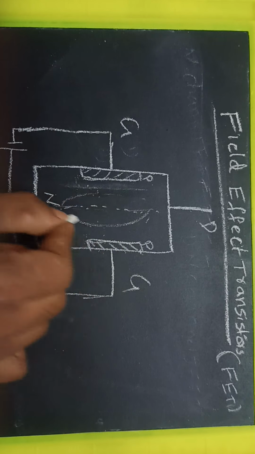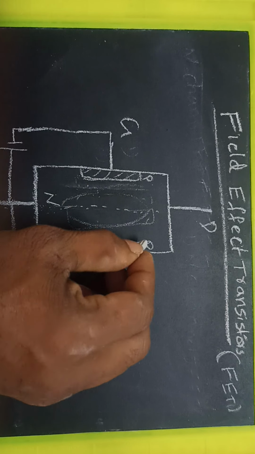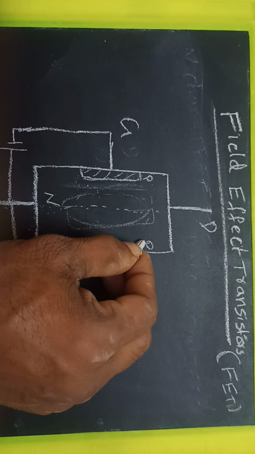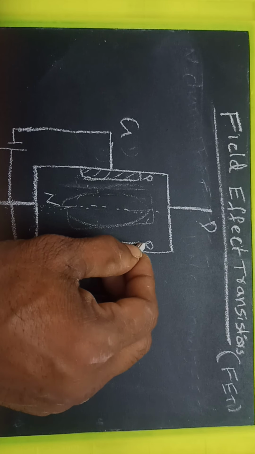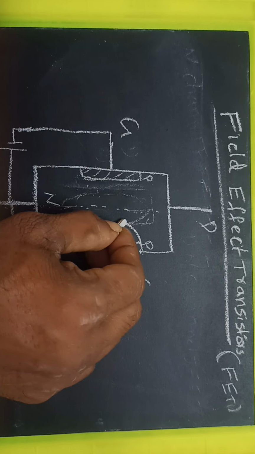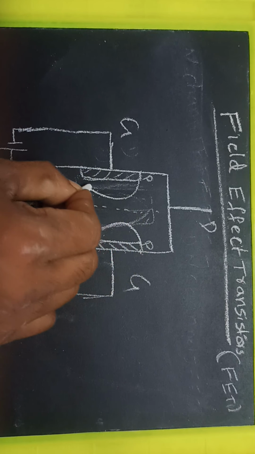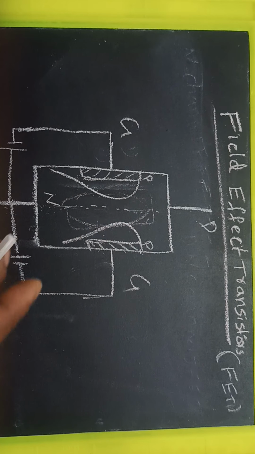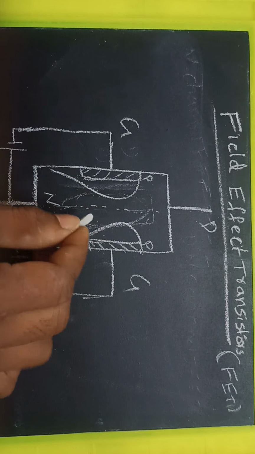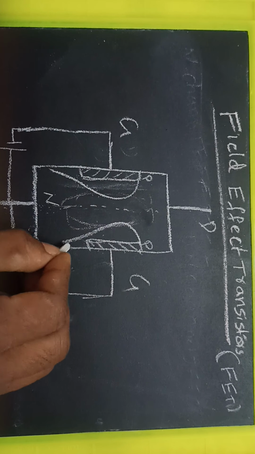So by increasing the reverse bias voltage, the depletion layer width increases, and these two look like this. What will happen? The width between these two decreases. Then the channel width decreases.